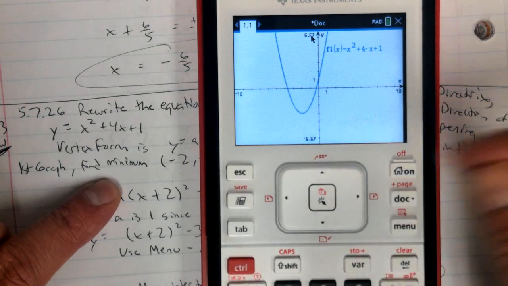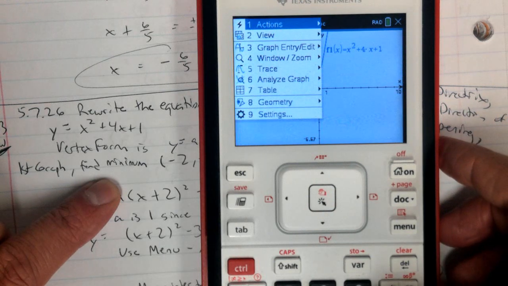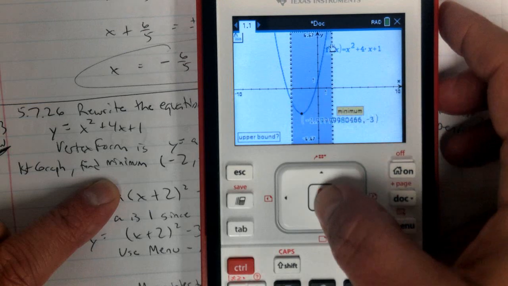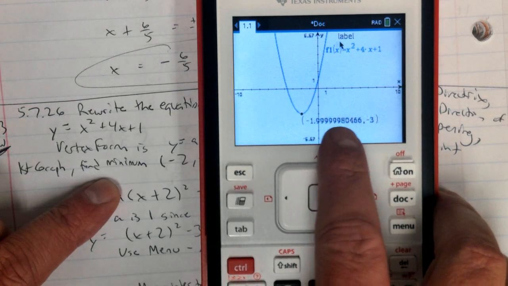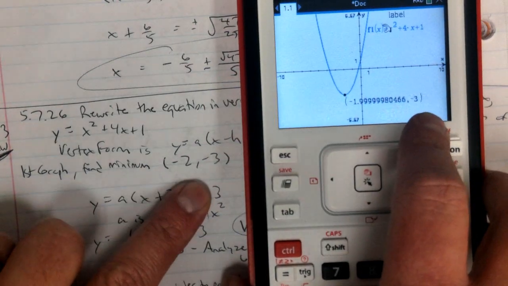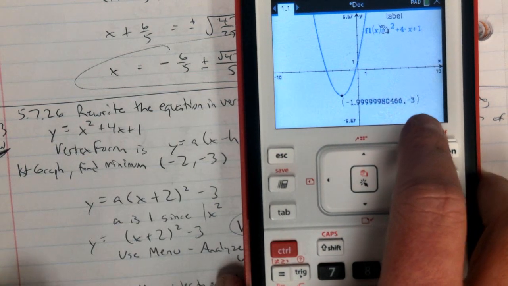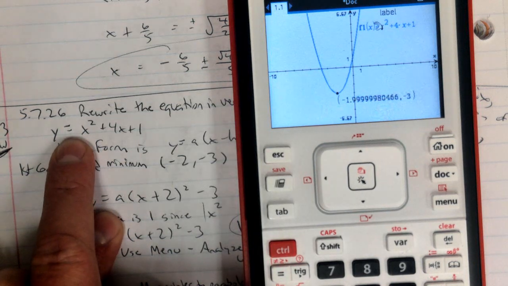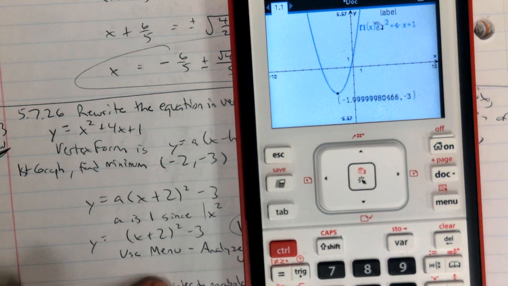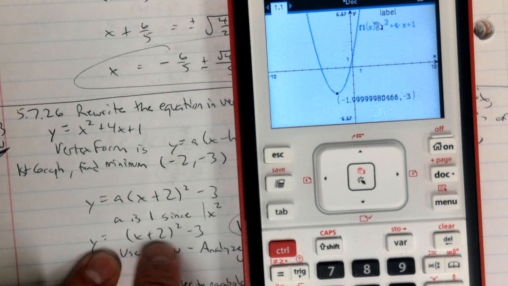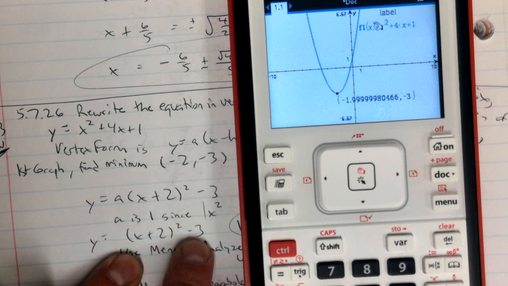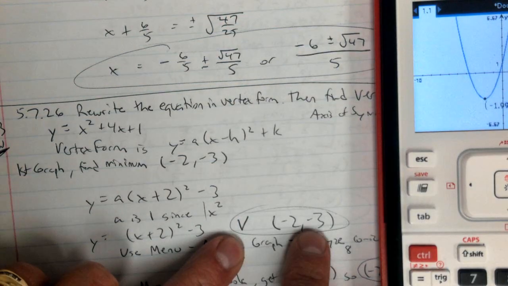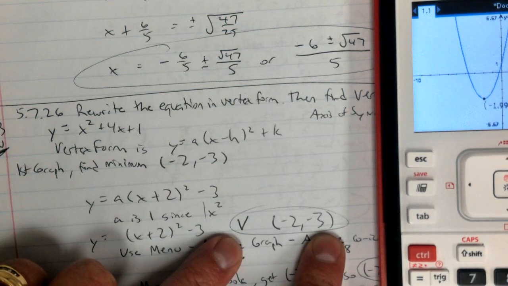There's your graph. Now you want to do analyze graph and get the minimum, which is between here and here. So you'd make that -2, -3. That's your minimum. You also know that a is 1 because there's no number in front. And so that means your equation is y equals (x plus 2) squared minus 3. And you know your vertex answer is -2, -3.